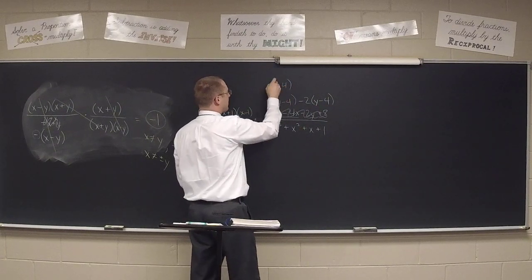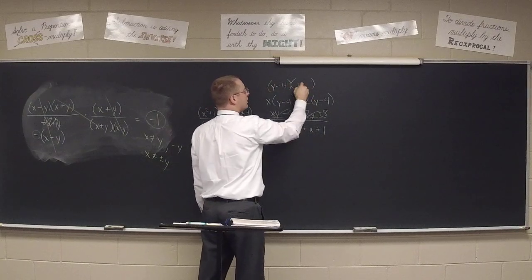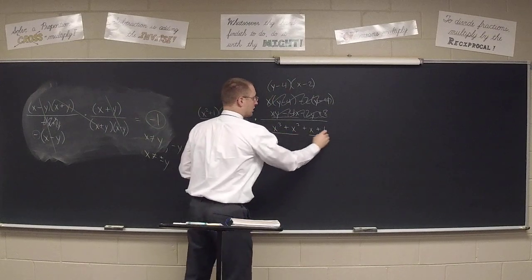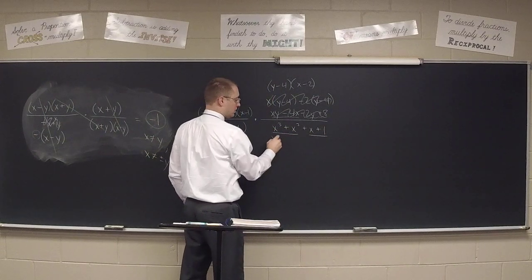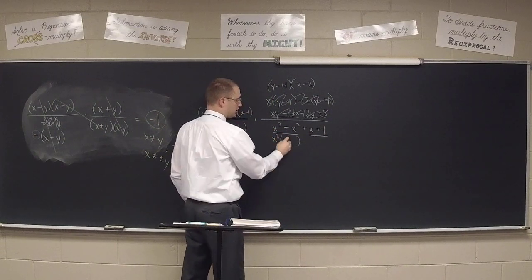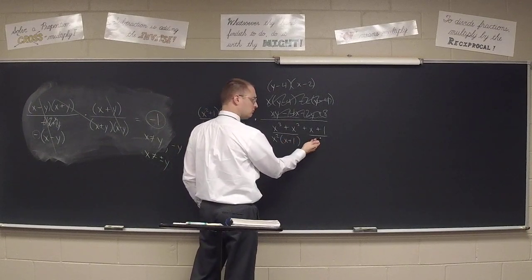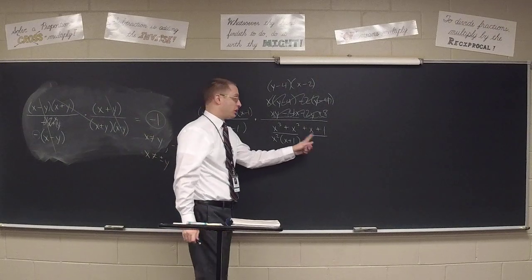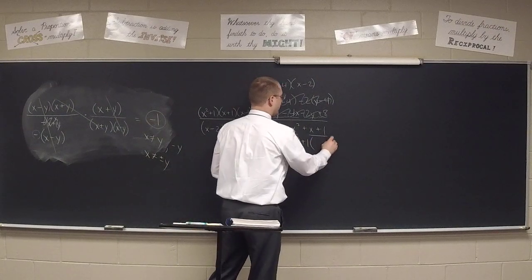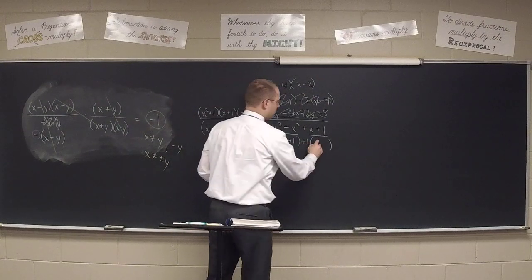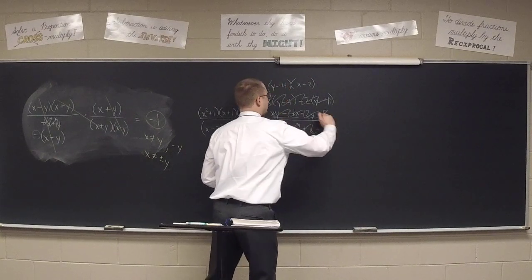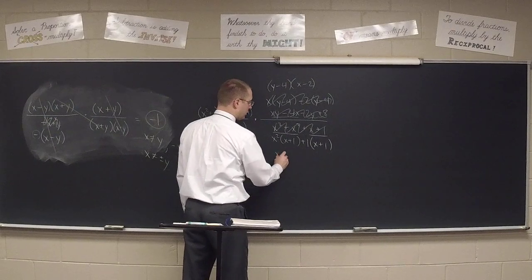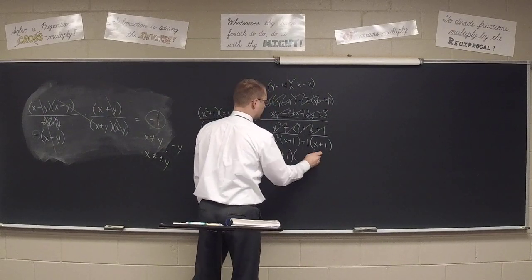Which leaves us with, and then down here, good. Remember in grouping, if there isn't anything, just make it a 1 and leave. And now we can clearly see the common, which leaves us within parentheses.